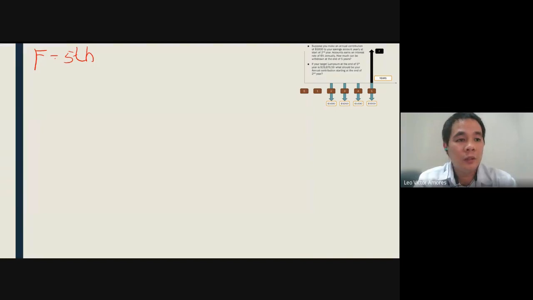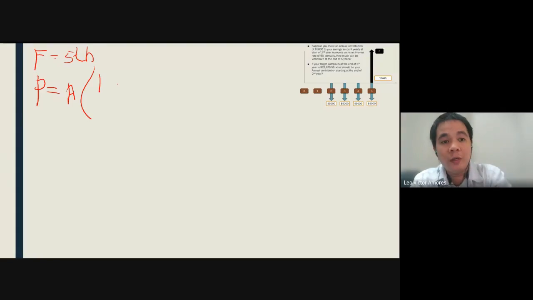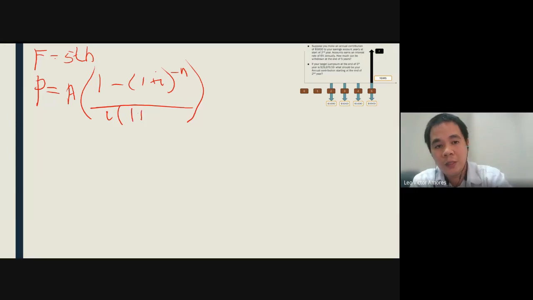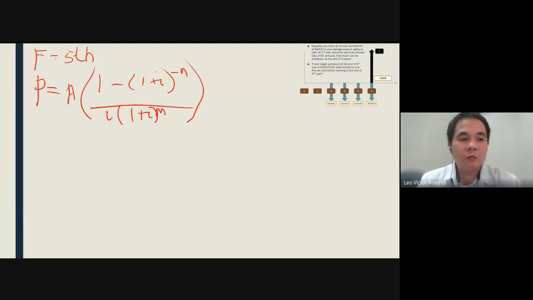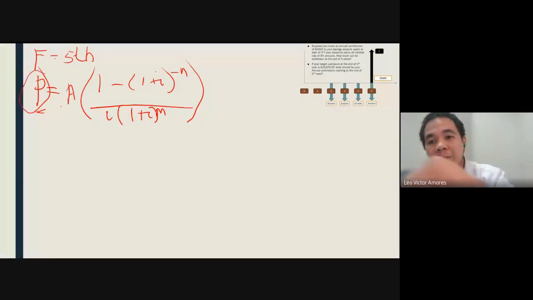As we all know, the formula for the present value of a deferred payment annuity is equal to A, 1 minus 1 plus i to the power of negative n, divided by i, 1 plus i to the power of m. Since we are looking for a present value, when you compute using the annuity payment, the value you find is at this point, or at year 0.